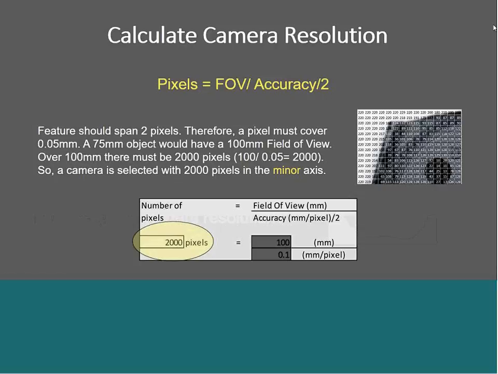That's why your feature should span 2 pixels. So for the sake of our example then, our pixel must cover 0.5 millimeters. And again, we usually don't have the object exactly fill the field of view of the camera. So if we have a 75 millimeter object, we're going to have a 100 millimeter field of view, let's say. So over 100 millimeters, we have to have 2,000 pixels, doing the math.